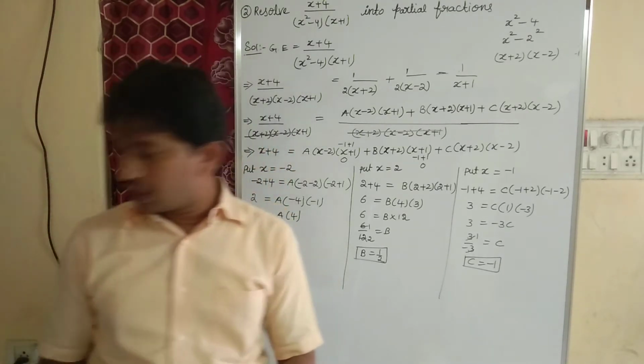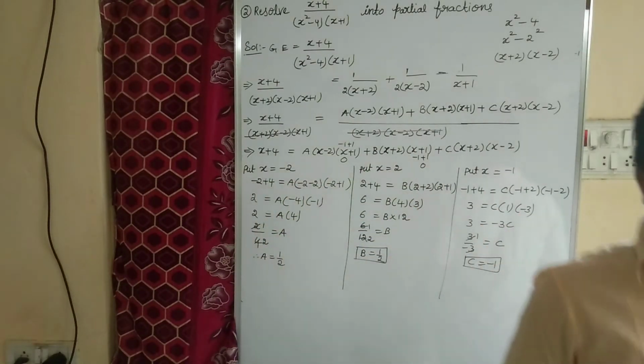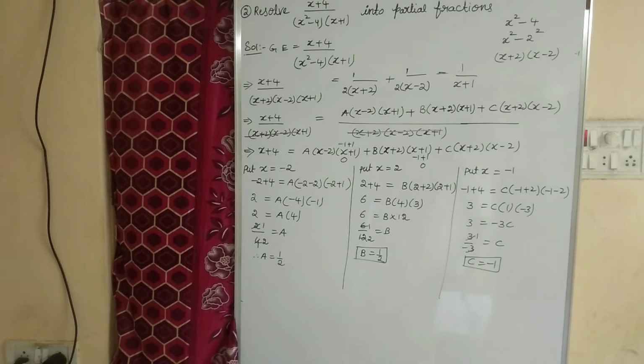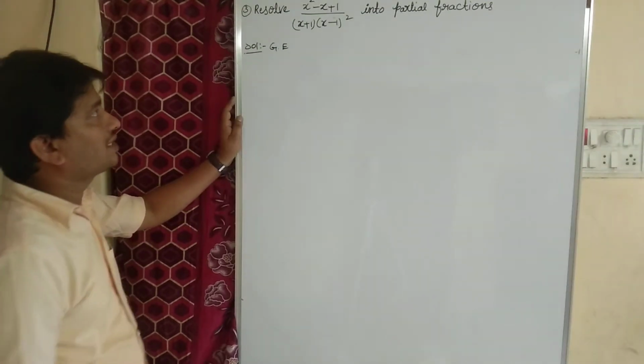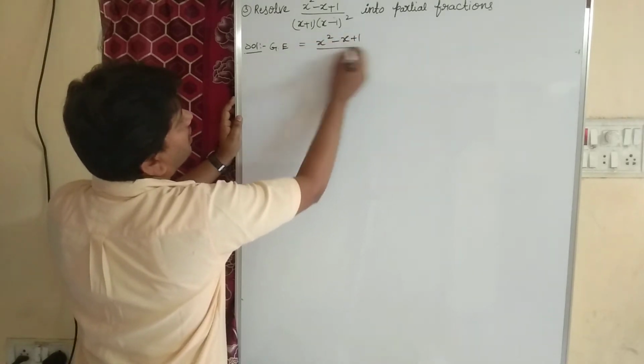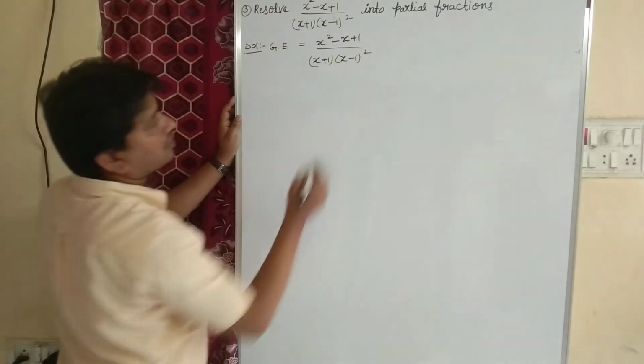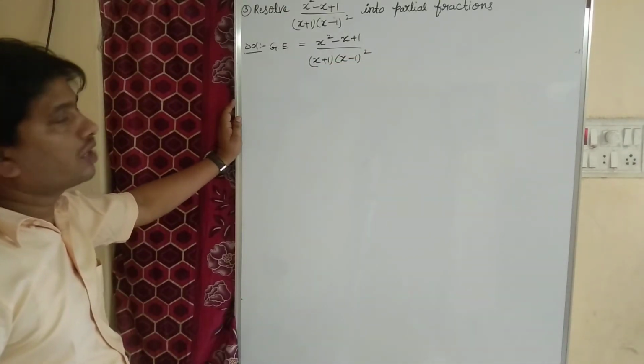That is x square minus x plus 1 by x plus 1 into x minus 1 whole square. Children, how can we write this?